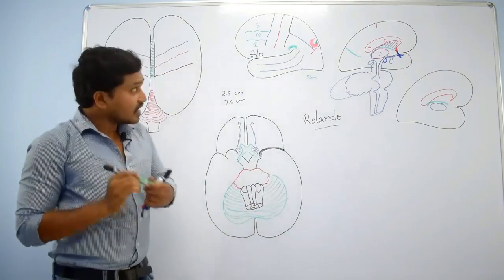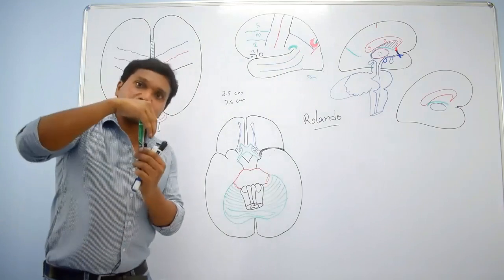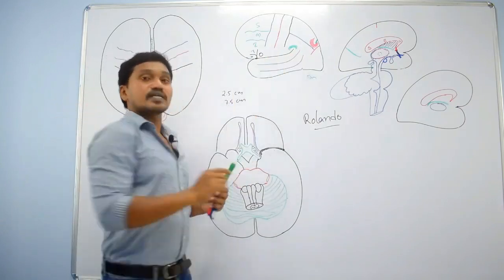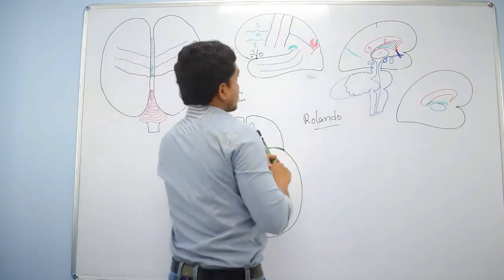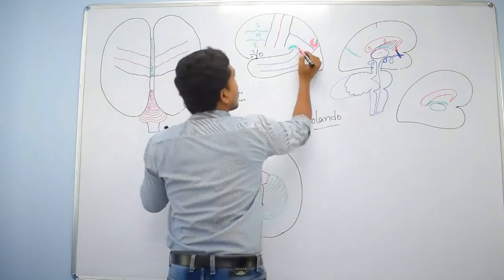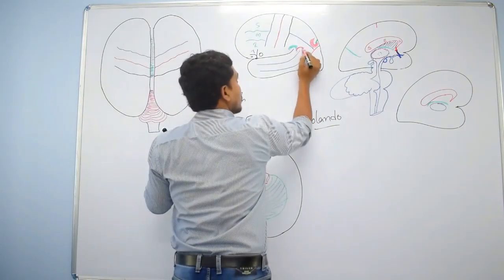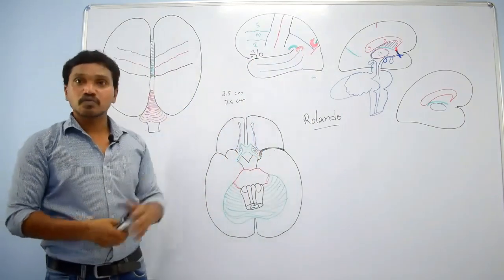Then another gyrus which is arching over the superior temporal sulcus, we call the angular gyrus, right? With this we completed the parietal lobe.